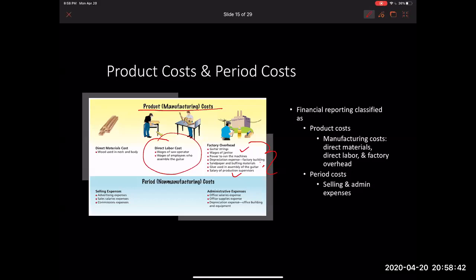So going back to the guitar strings, for instance, maybe the guitar strings are a penny, and the total cost of making that guitar is $500. It is a direct material, however, it's insignificant in regard to the total cost of the product. Now, period costs are all of your selling and administration expenses, such as your advertising, office salary, and so forth, okay?